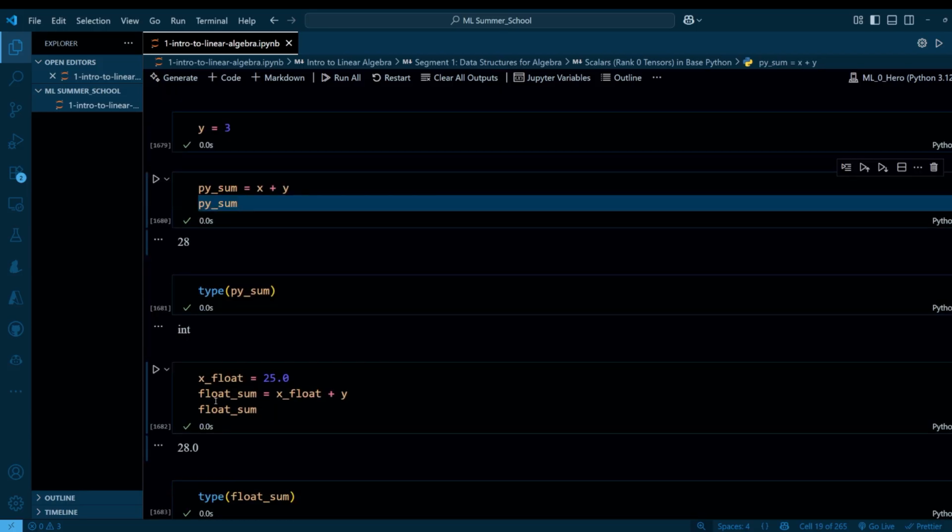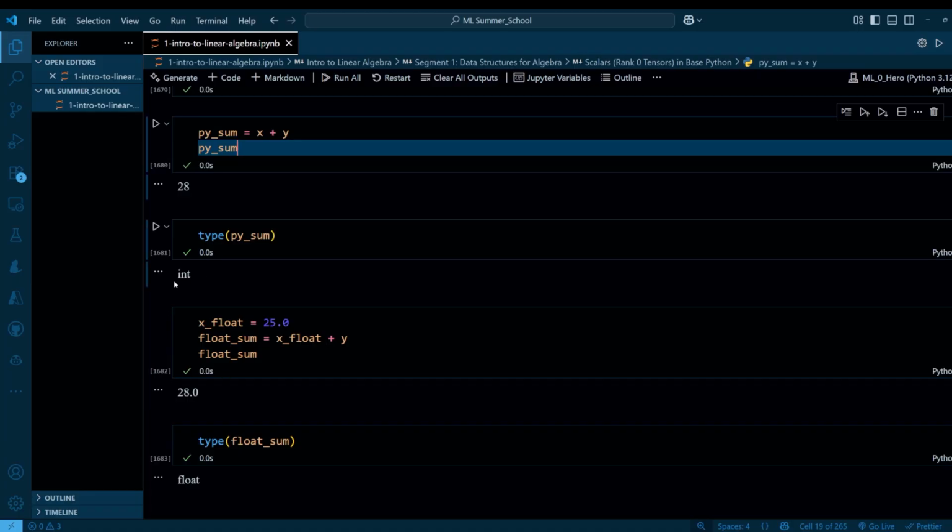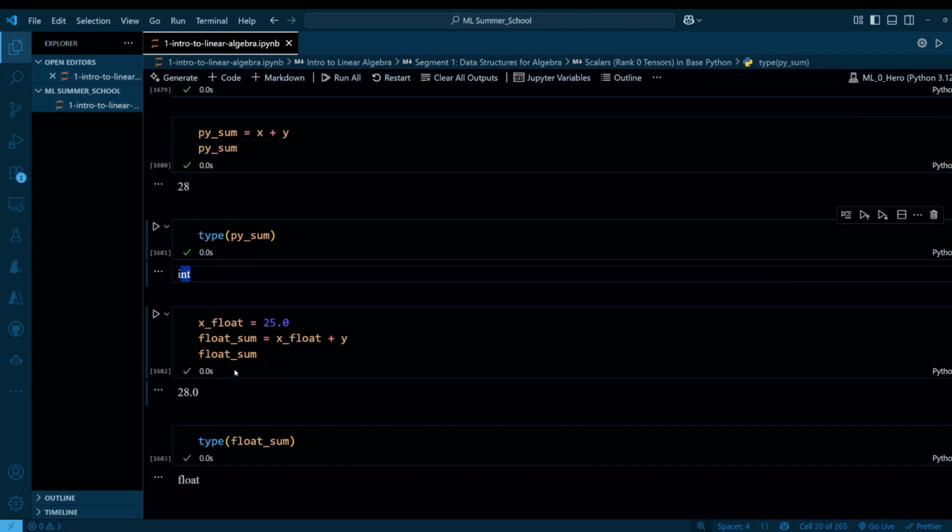This is exactly what happened here. As we have added both integers, the result is going to be an integer as well. So 28 is an integer, and we can see the type is integer as well.